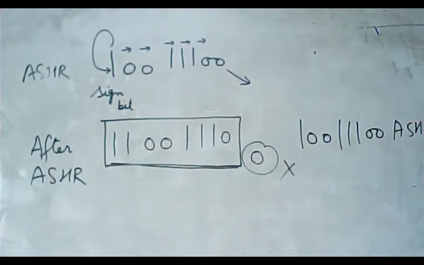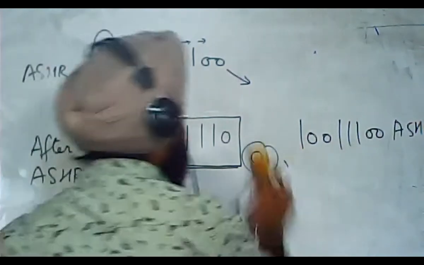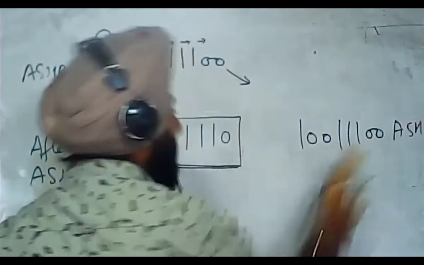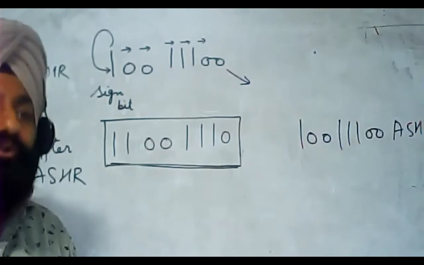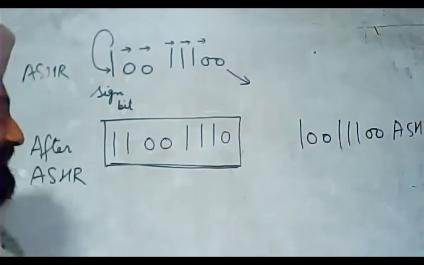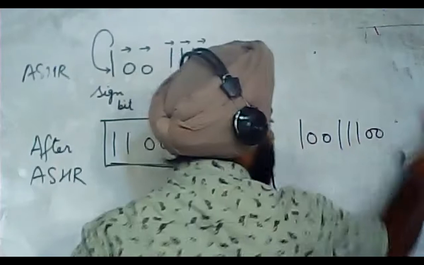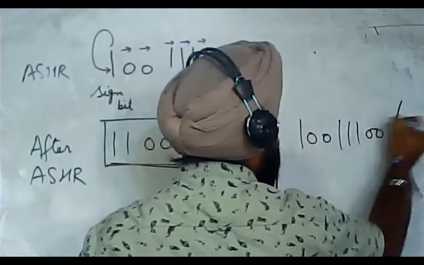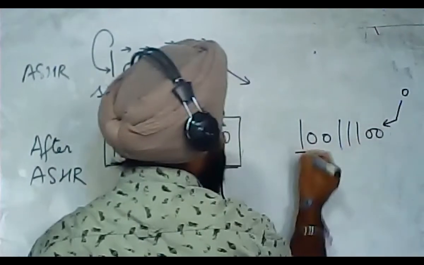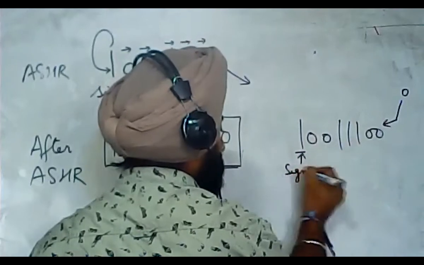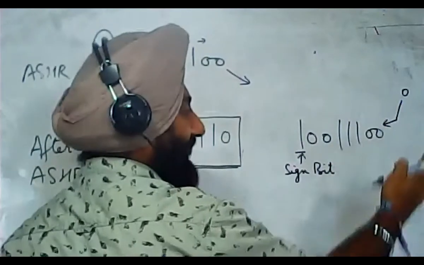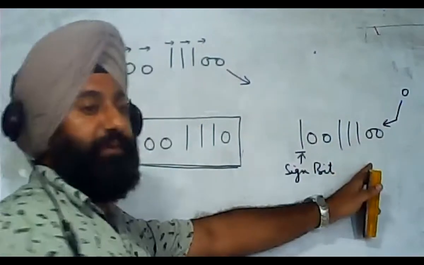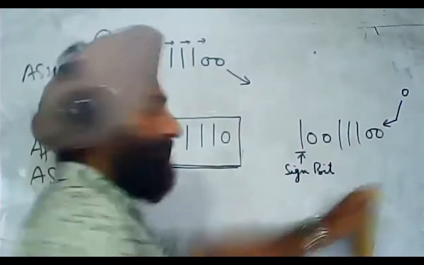So the second portion says: what will be the value after ASHL, and state whether there is an overflow or not. In case of ASHL, a 0 will be inserted. This is your sign bit. A 0 will be inserted from the right hand side and all the remaining bits will be moved to the left position.